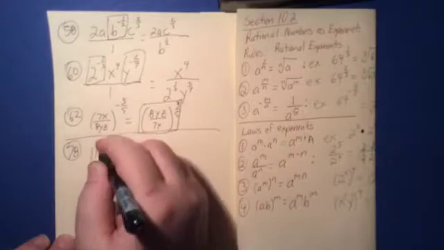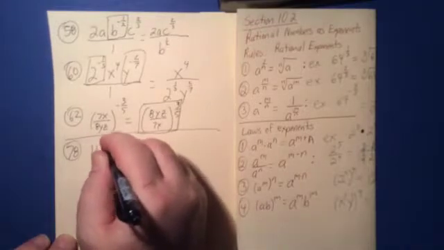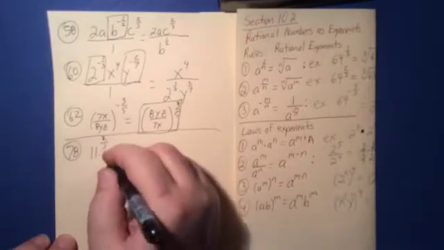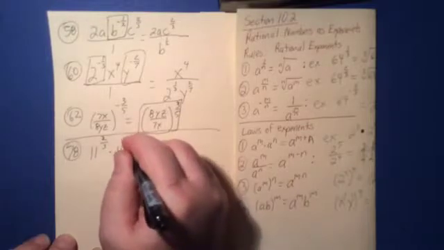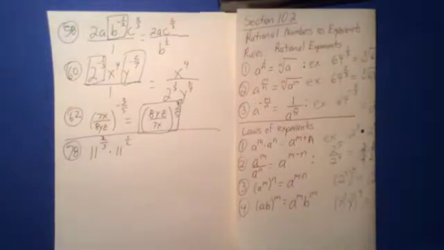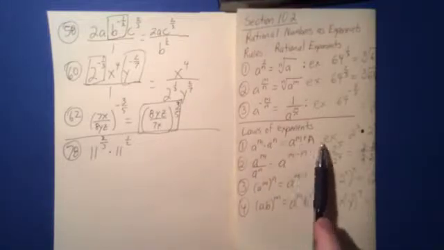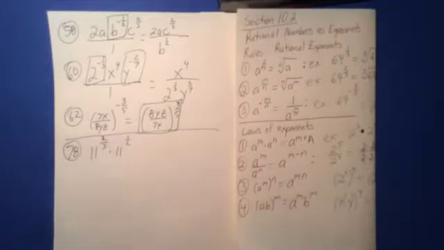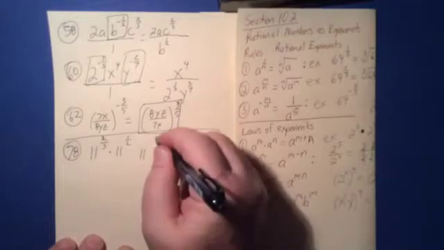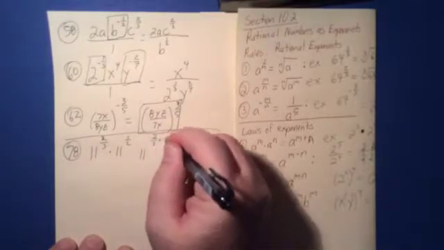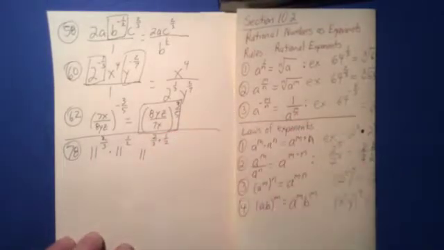So we have 11 to the 2/3 times 11 to the 1/2. So we all know the rules that if we have something like this, this is like rule 1, where we have to add the exponents. So this is going to be 11 to the 2/3 plus 1/2. Now, yes, this means we have to add exponents, and they have unlike denominators, and we've done a lot of work with this lately.